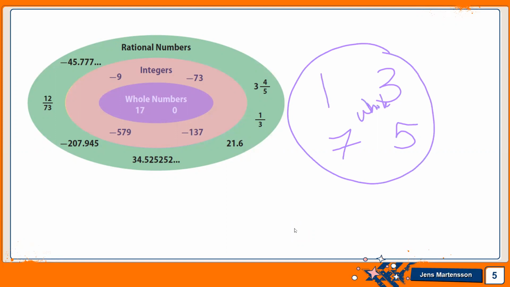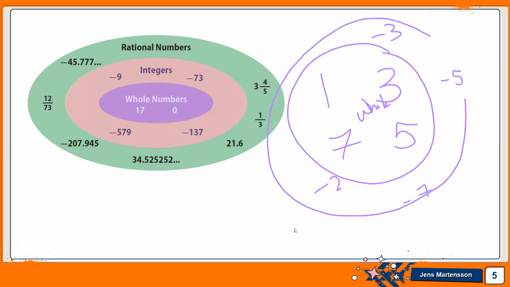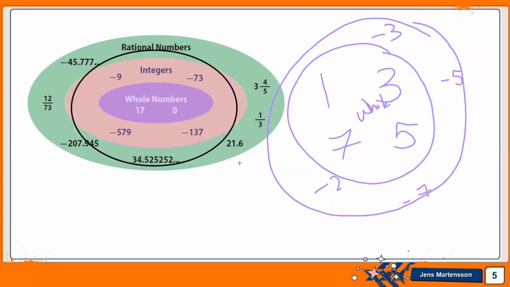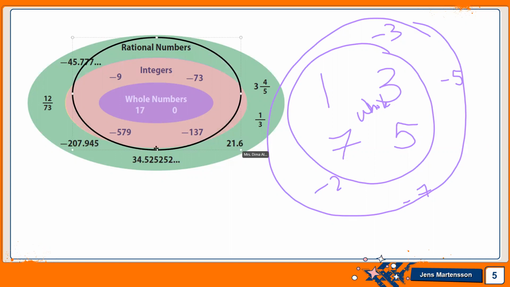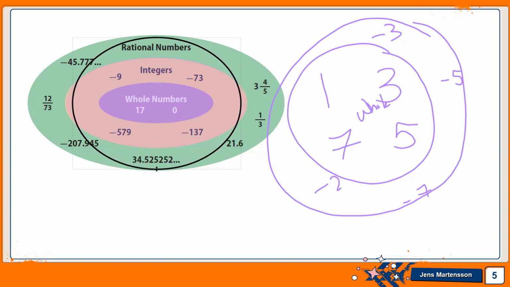If I add the negative numbers to them, this becomes the integers. So this is like the bigger family. Now, the biggest one is the rational numbers.